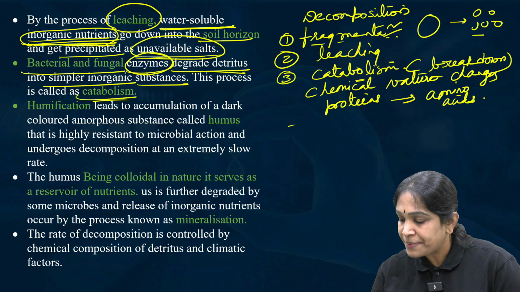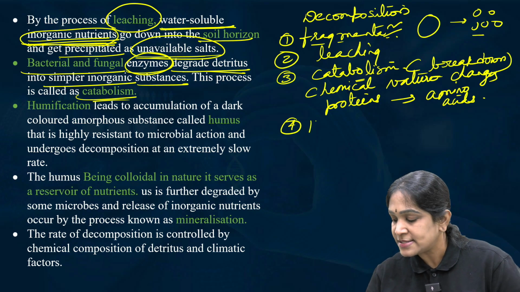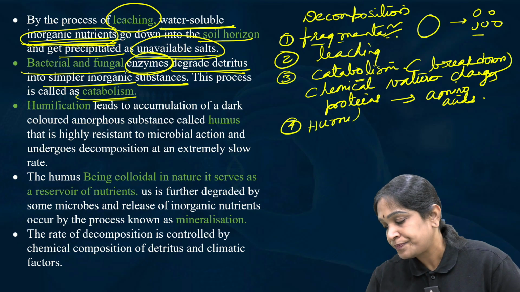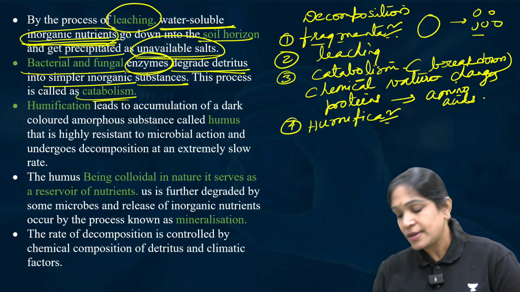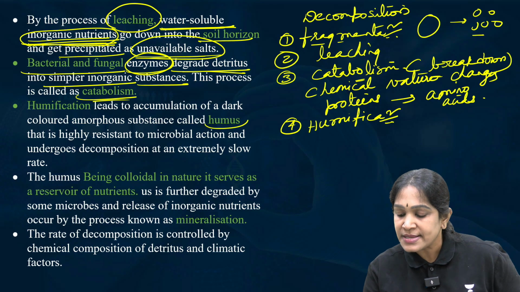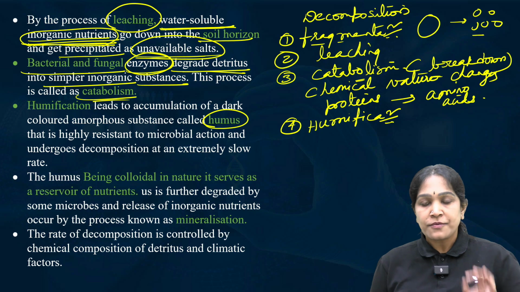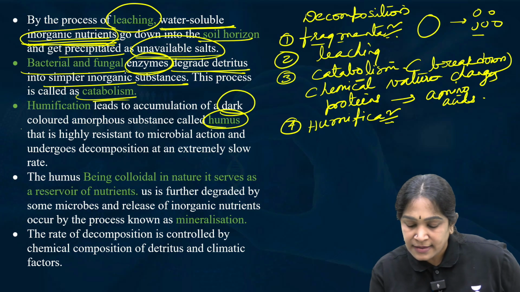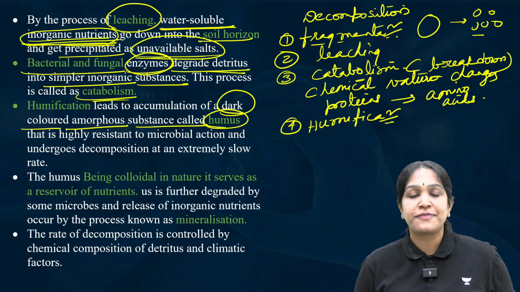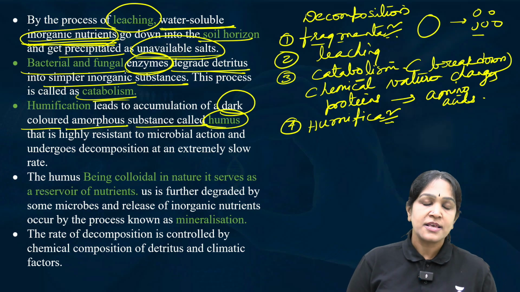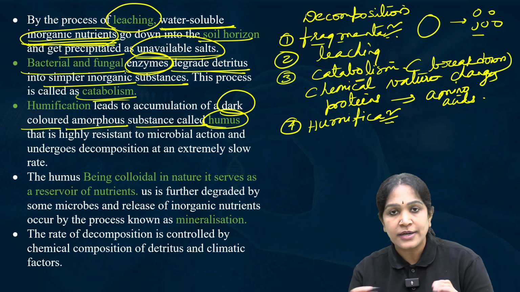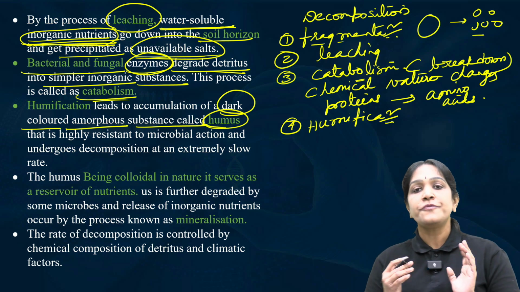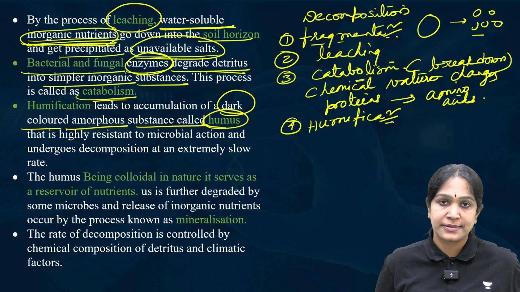The fourth step in the decomposition is called humification. Humification means humus formation. What is humus? This is a dark colored, fibrous amorphous substance, which is called humus, and the formation of humus is called humification.